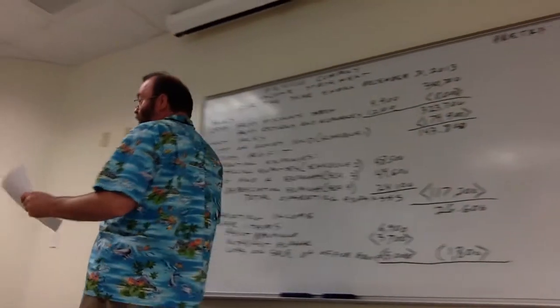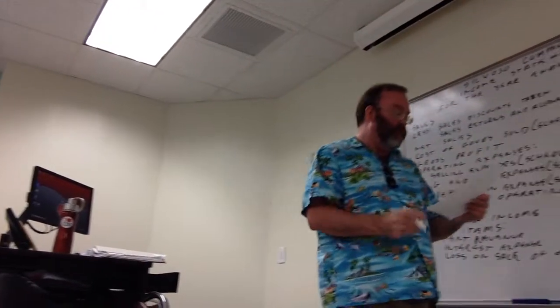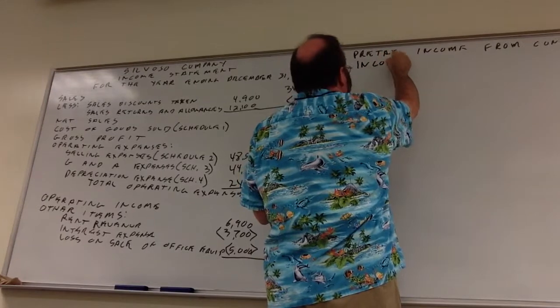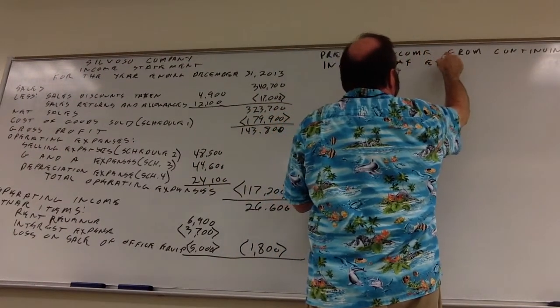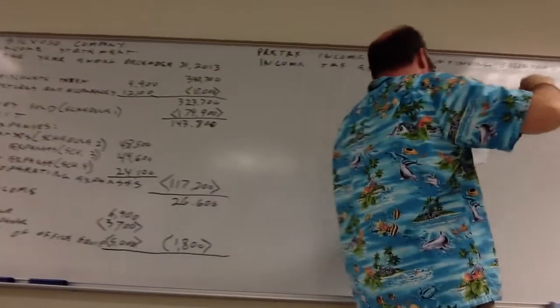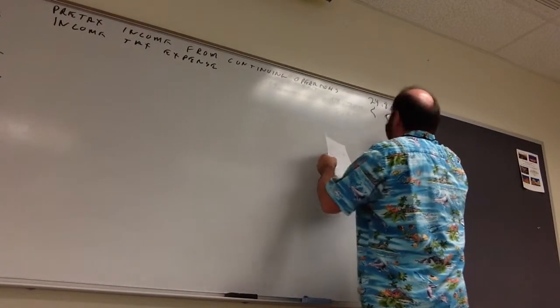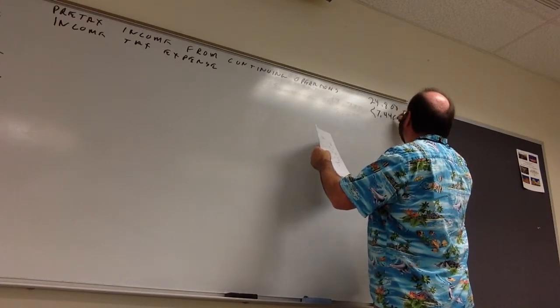And the problem once again tells us that the income tax rate is 30%. So income tax expense, correct? Multiply the 24,800 by 30%, and you get 7,440.